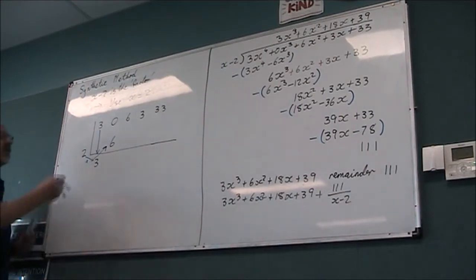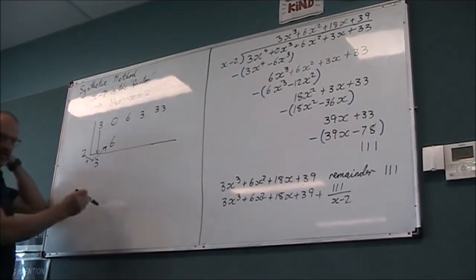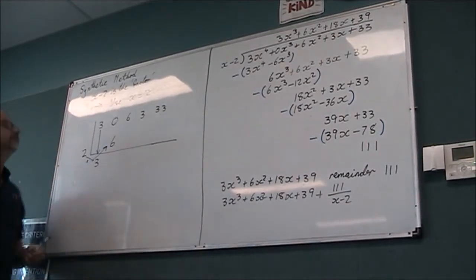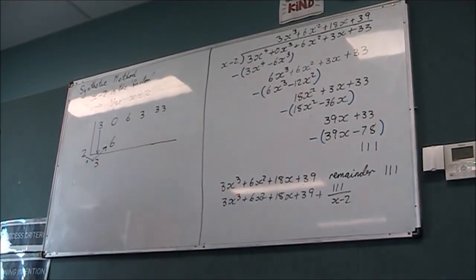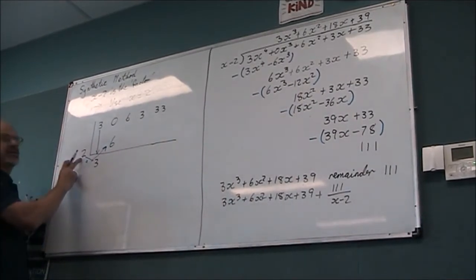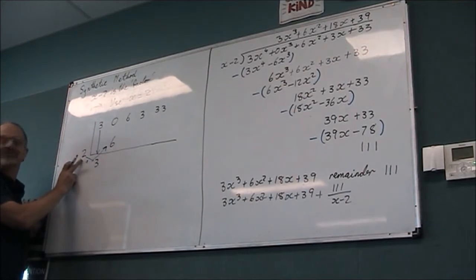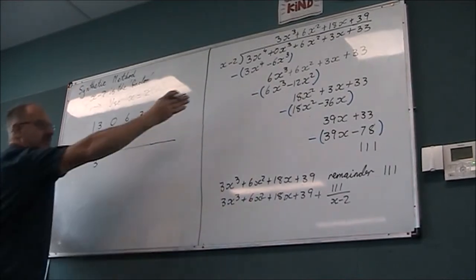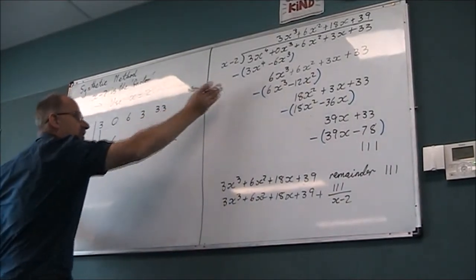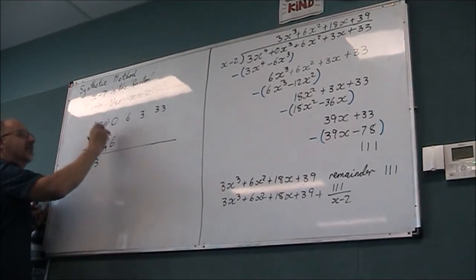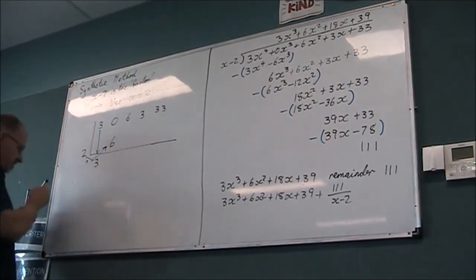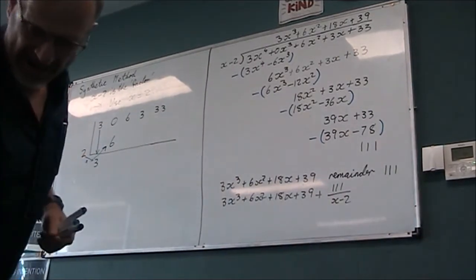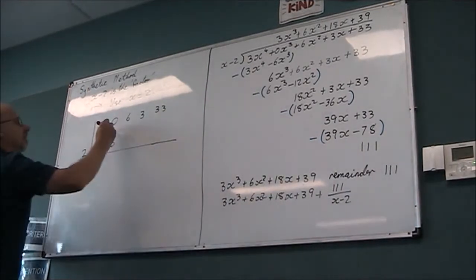Then what we do in the columns, we add. So for synthetic division we add. Because we're using x equals 2 here, rather than minus 2, we end up adding. So it's a little bit different here. Over in our long division we took away, but with these we add. So 0 plus 6, and then we add those.